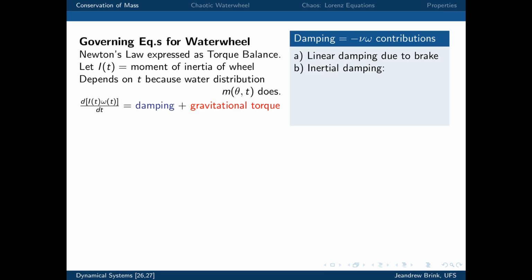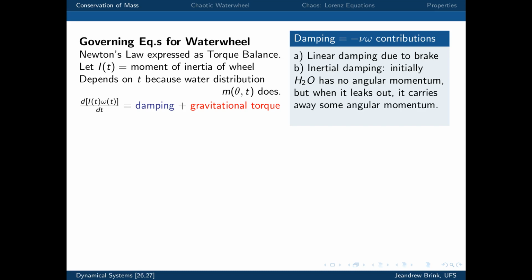So what happens with the inertial damping is the water, when it is pumped in, falls straight down, and it has no angular momentum. When it leaks out, the velocity of the component in the rotational direction is the same as that water wheel, so it actually has angular momentum when it leaks out.